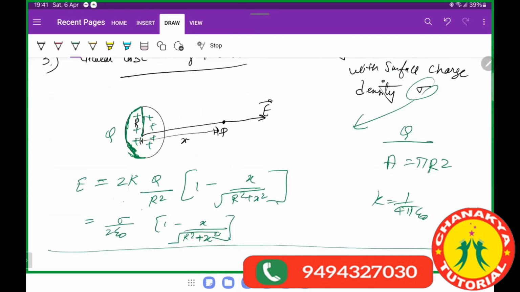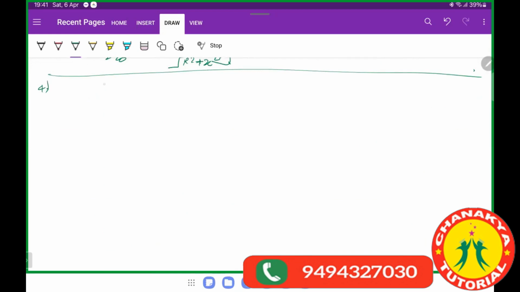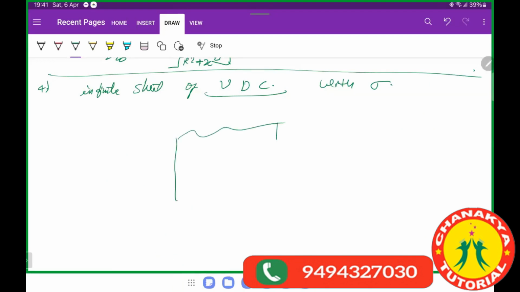So this was number 3. Let's write the fourth one. If it is an infinite sheet of uniformly distributed charge with charge density sigma, the field is sigma by 2 epsilon naught.